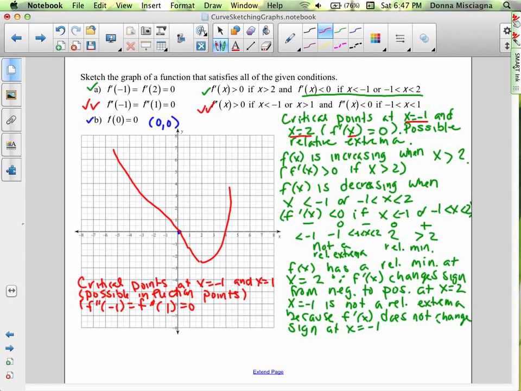Let's look at the rest of this. f double prime of x is greater than 0 if x is less than -1 or x is greater than 1. So that means that f of x is concave up when x is less than -1 or x is greater than 1.